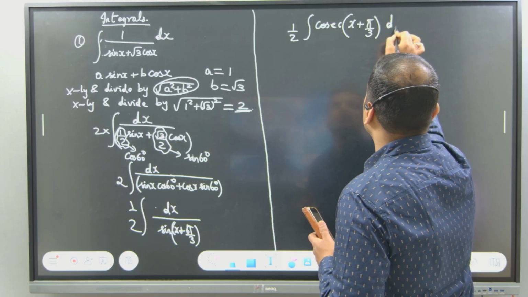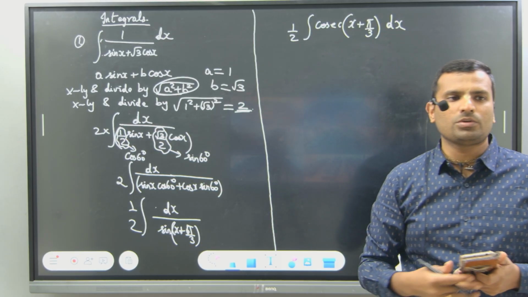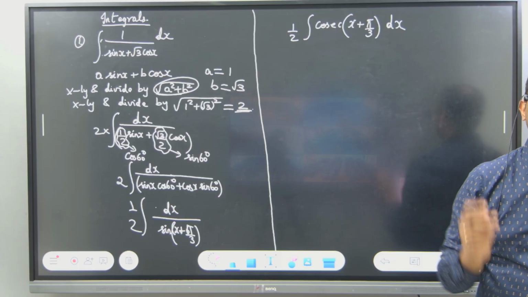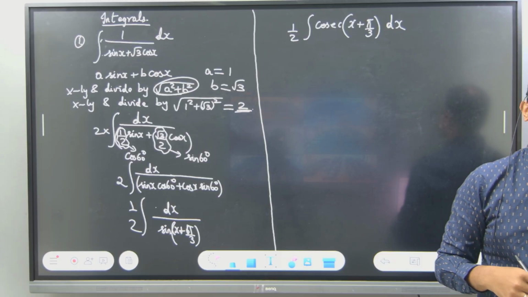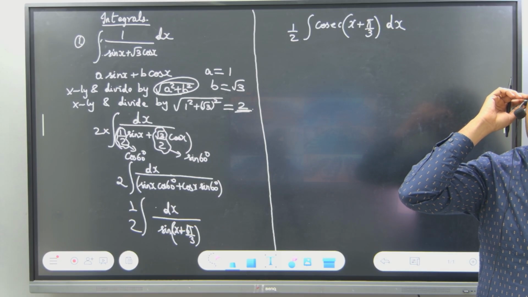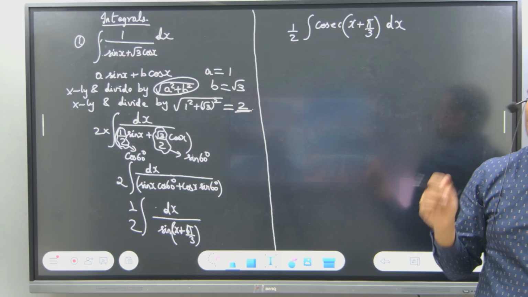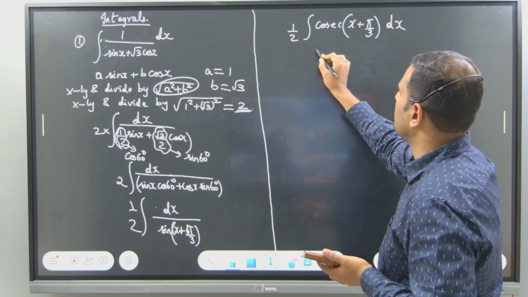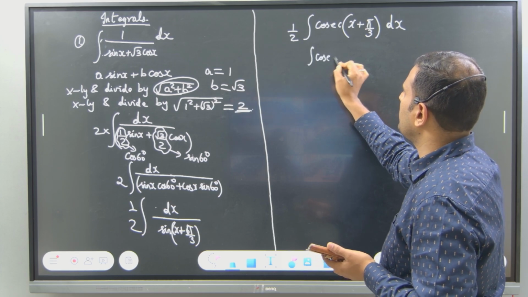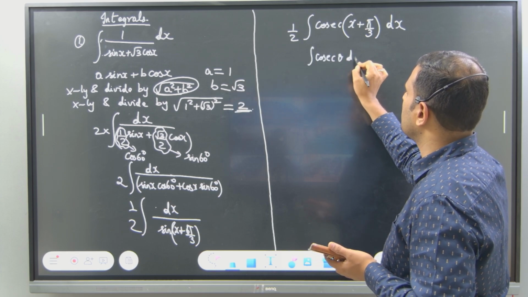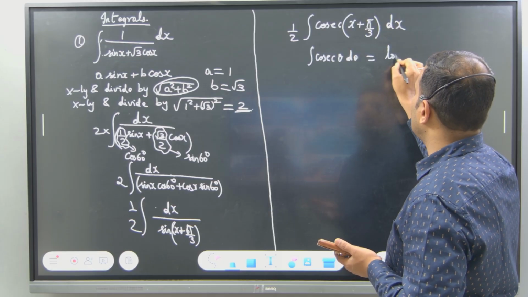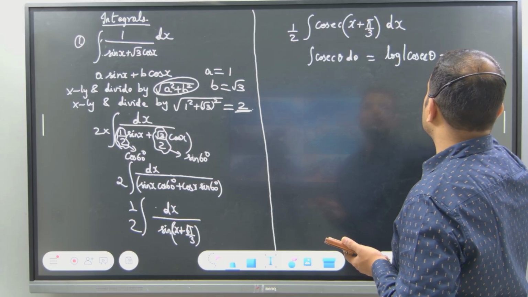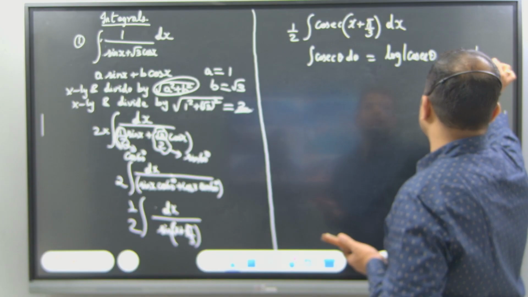Can you tell me what is integral of cosecant theta? Students, nobody is able to remember what is integral cosecant theta? Integral cosecant theta is log of cosecant theta minus cot theta.